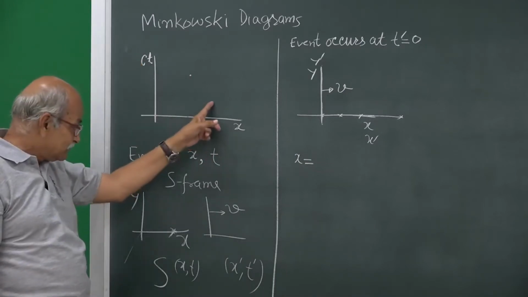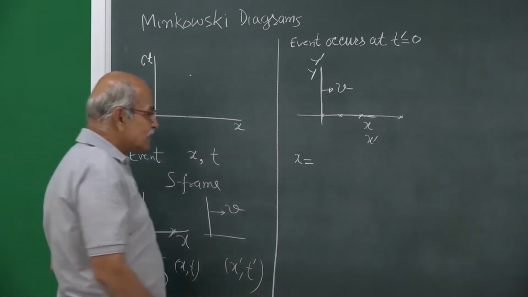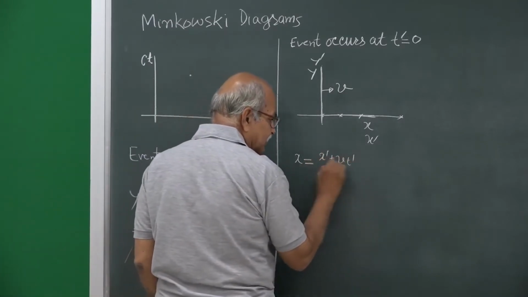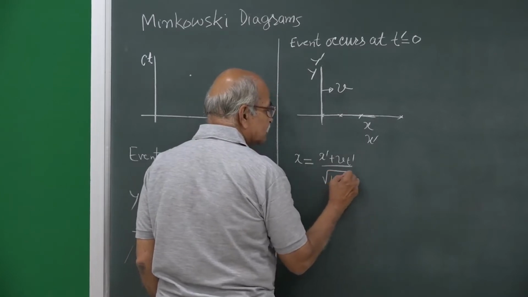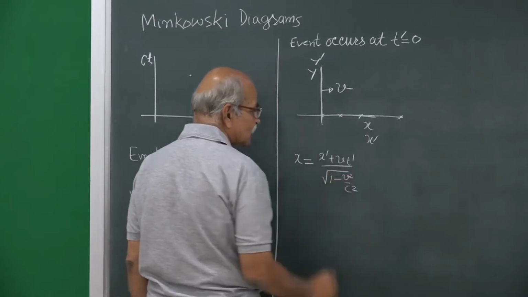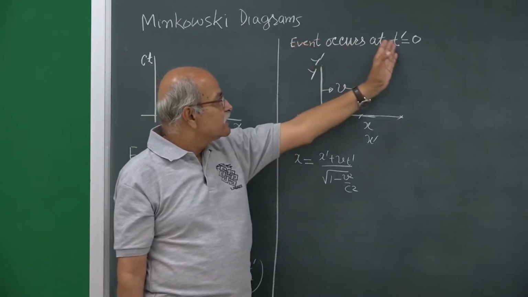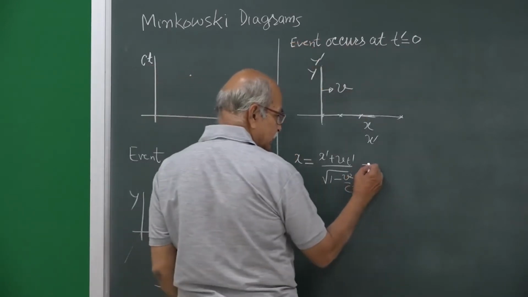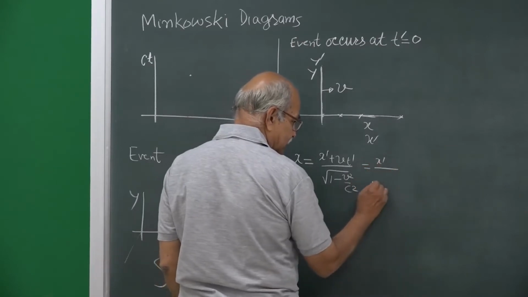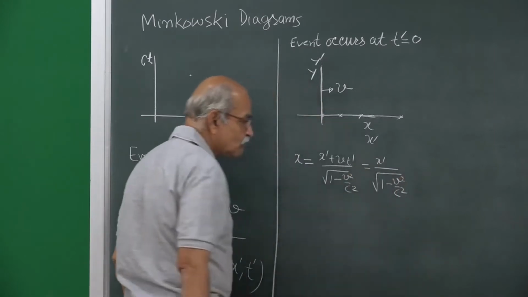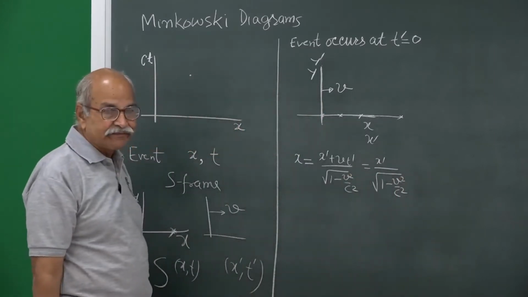This is a plot which is from S frame. So, what is x? X is x prime plus vt prime divided by square root 1 minus v square by c square. And since I am considering events which occur at t prime is equal to 0, this is x prime divided by square root 1 minus v square by c square, that is x.